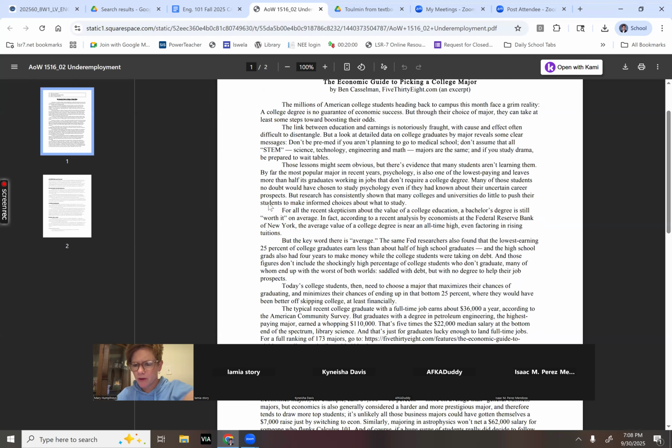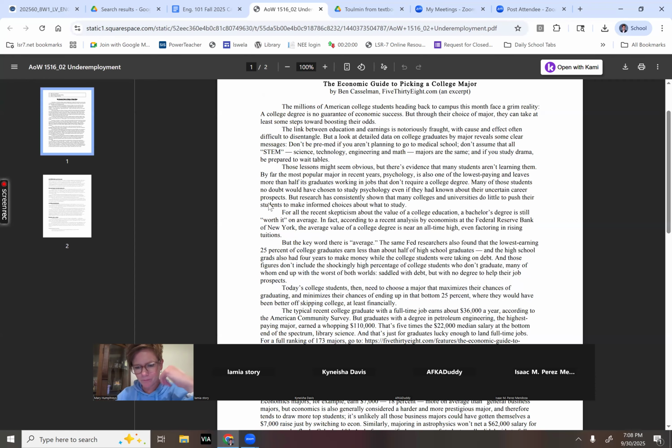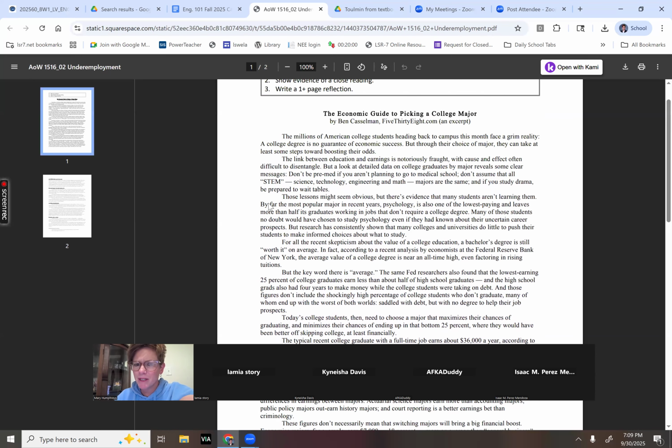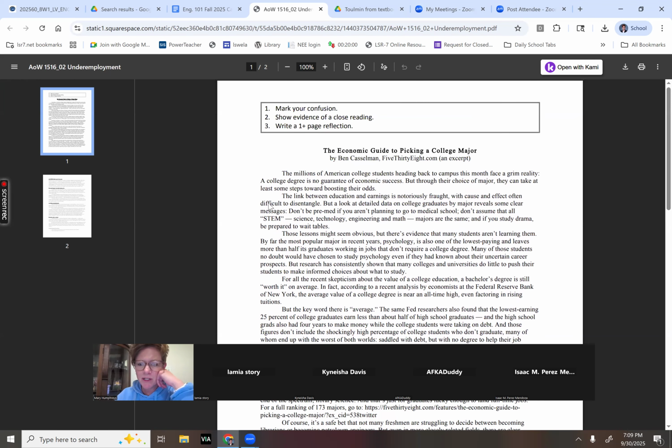I want you to read this article and see if you can pick out all the examples, or an example, of each of the items of the Toulmin model that we just talked about, okay? I'm not going to give you a whole lot of time to do this, but I do need to give you enough to try to identify all the elements. So let's meet back here at, can we do 7:30?